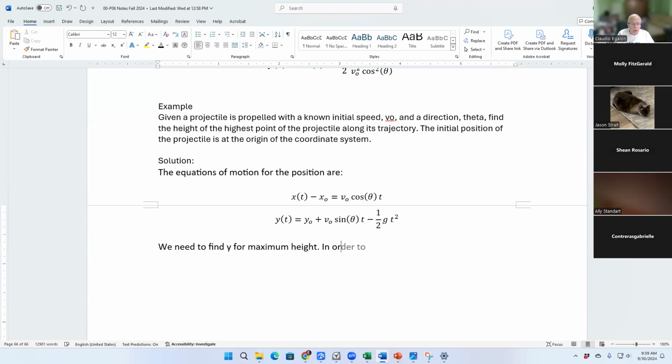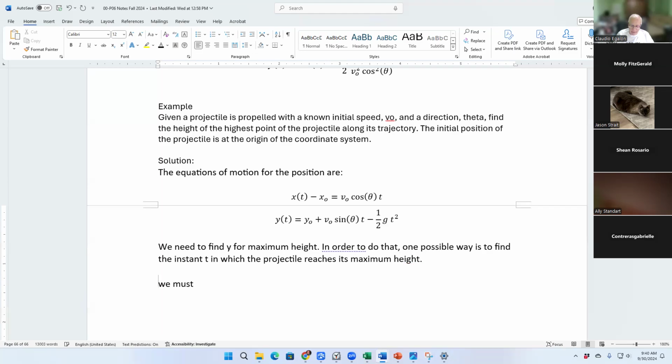In order to do that, one possible way is to find the instant t in which the projectile reaches its maximum height.